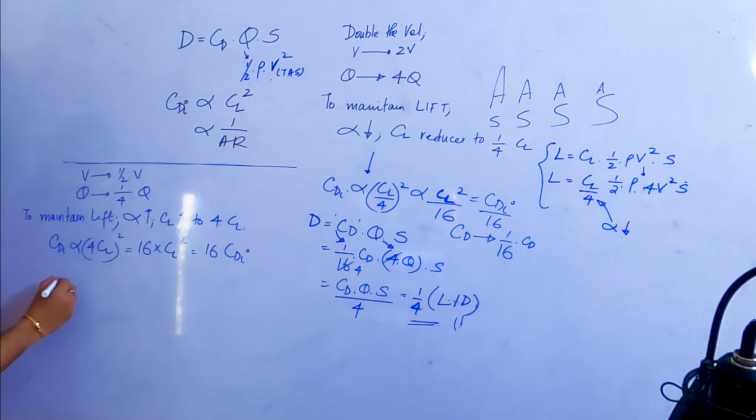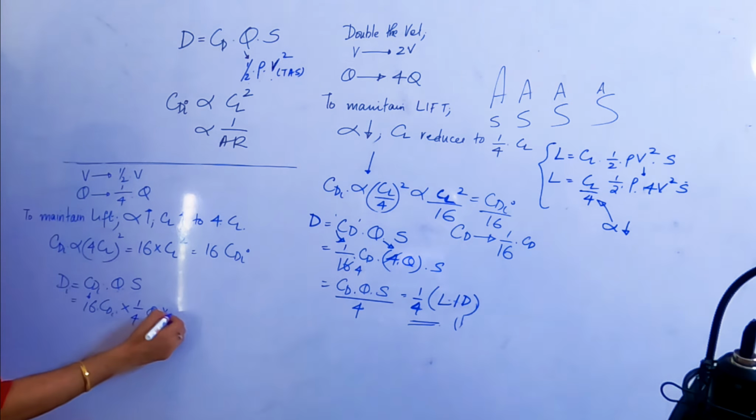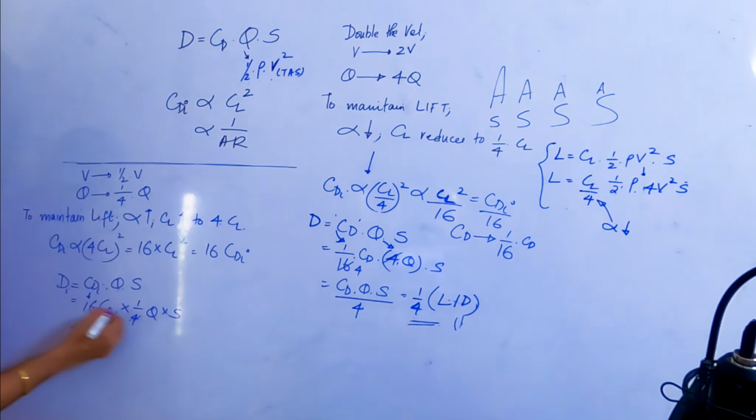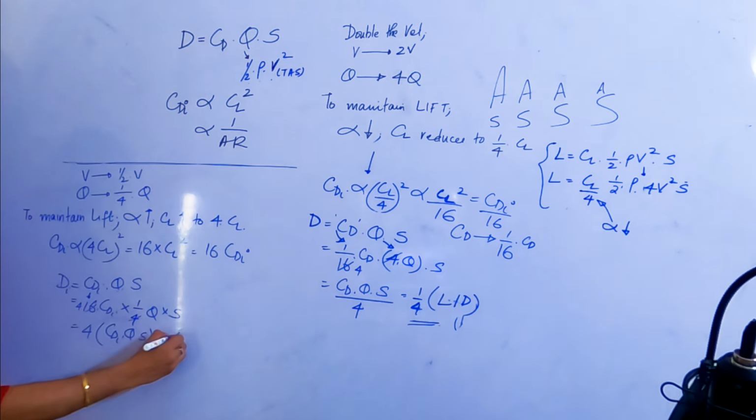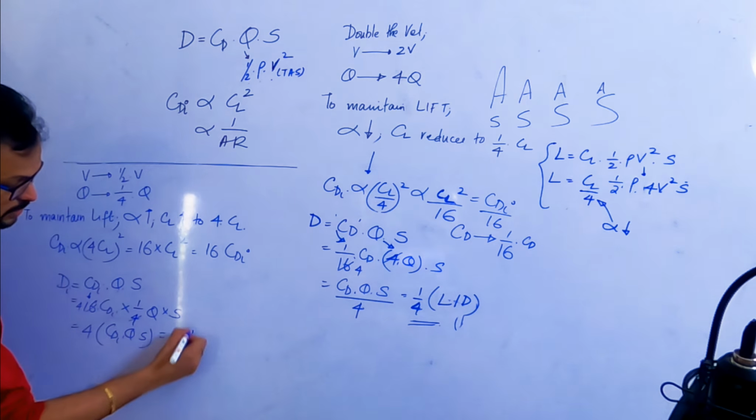Now coming to the induced drag equation, it is coefficient of induced drag times Q times S. The coefficient of induced drag has increased by 16 times. What happened to Q? Q has reduced by 4 times, so it's 1 by 4, into S. So that is 4 times coefficient of induced drag times QS, which is the induced drag DI.